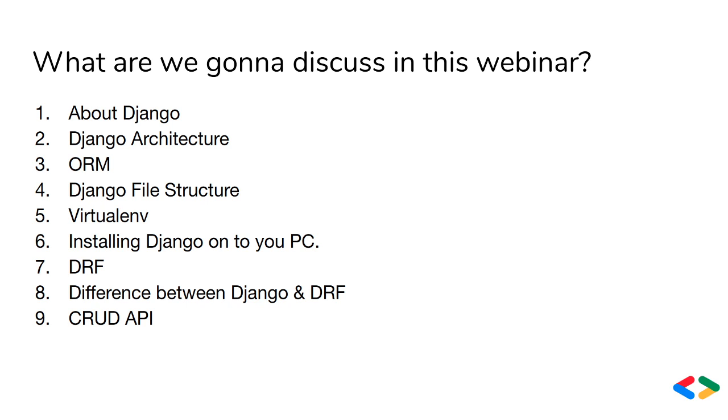Then we'll go through the file structure of Django, what a virtual environment is, the advantages of a virtual environment, and how we install it. Then we'll go through installing Django and Django REST framework onto your PC. And then I'll explain the difference between Django and Django REST framework. Finally, we'll make a CRUD API: create, read, update, delete.